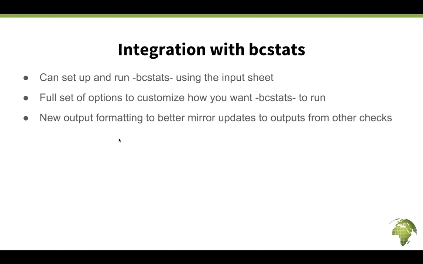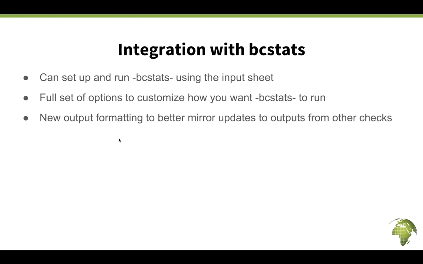All of that you can specify from within the input sheet, and the BC Stats is now added to the master check file as well, so you can run everything from one centralized do file and one workflow.